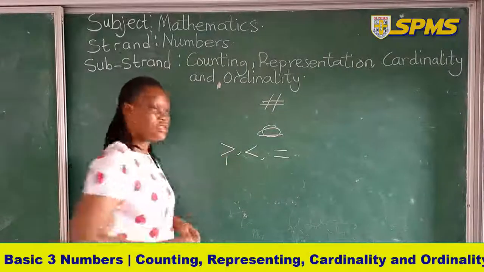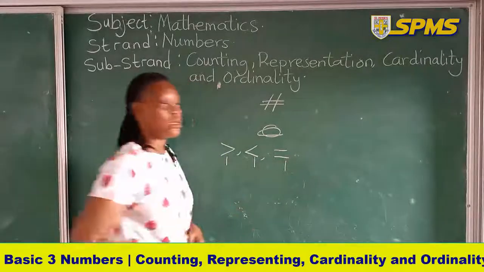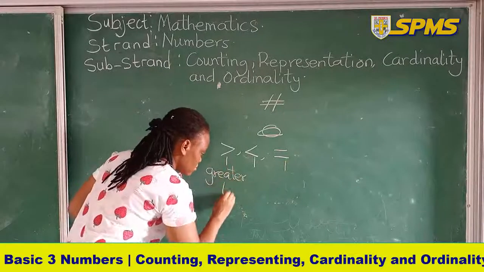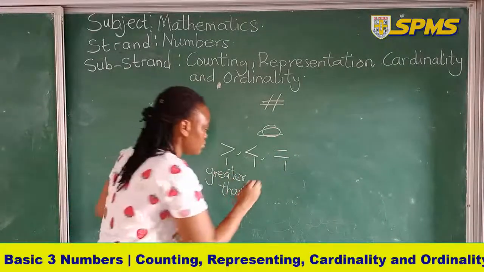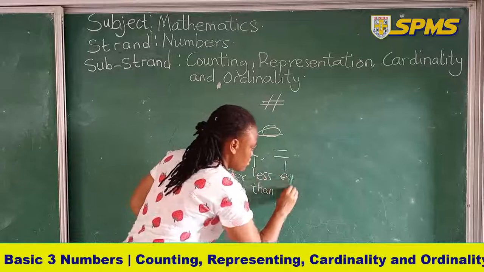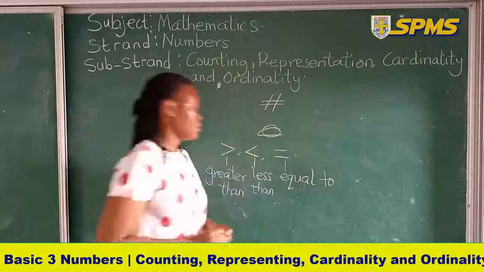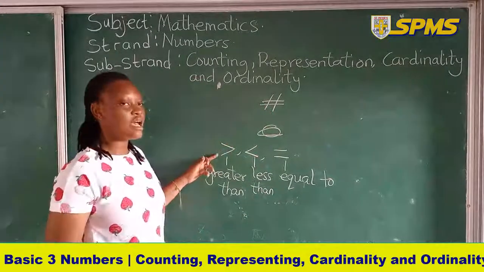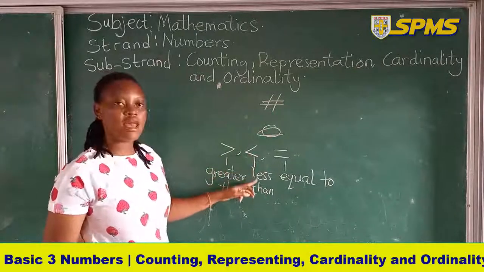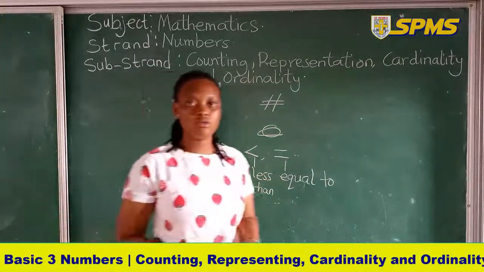This is a greater than sign, a less than sign, and then an equal to sign. Very good. So this sign represents greater than, this sign represents less than, and this sign represents the equal to sign.